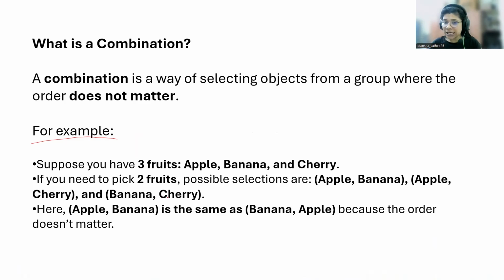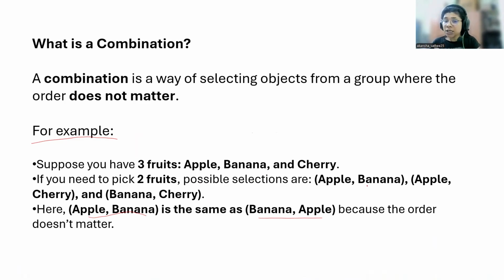Whether you select apple first or banana first, it does not matter, because ultimately you are picking two fruits, apple and banana. That is what it means that order does not matter. So apple and banana is the same as banana and apple. So the number of ways you can select two fruits out of three is three ways.